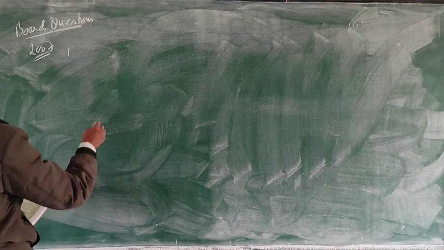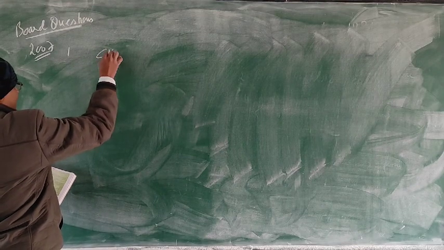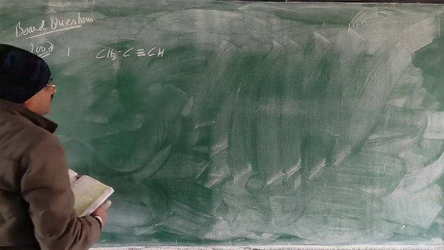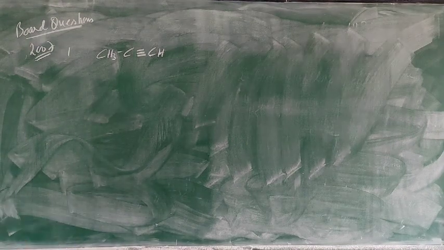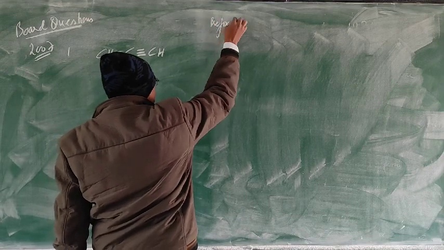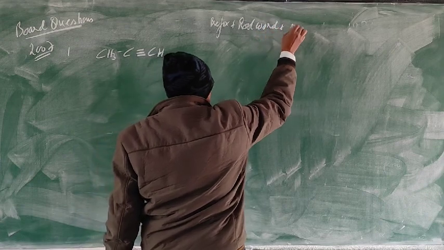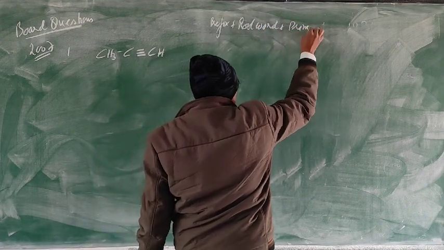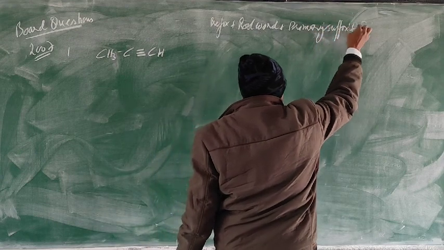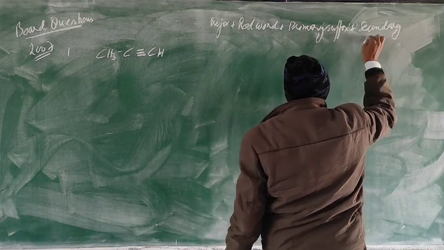So the first one given is CH3-C triple bond C. The name of an organic compound that you study consists of four parts: prefix, root word, primary suffix, plus secondary suffix.